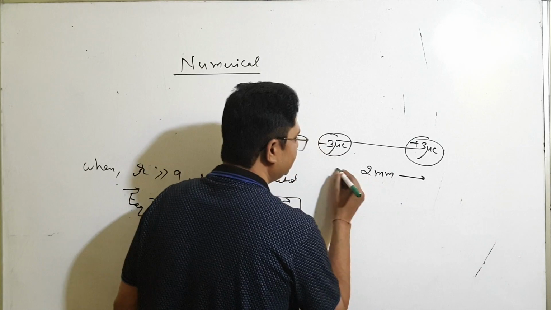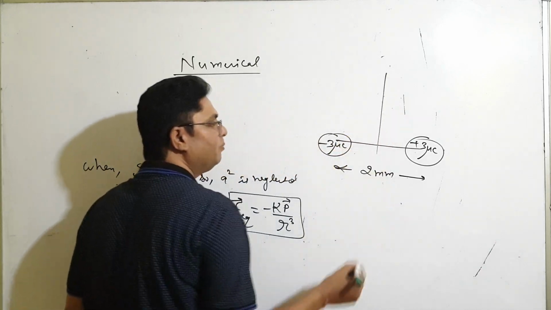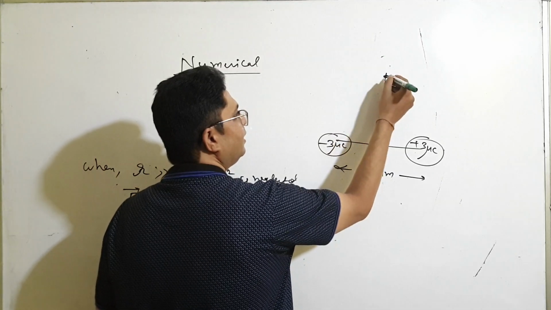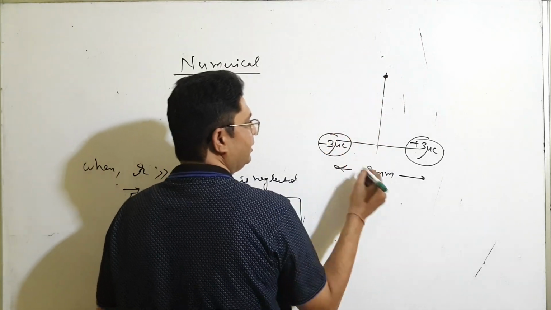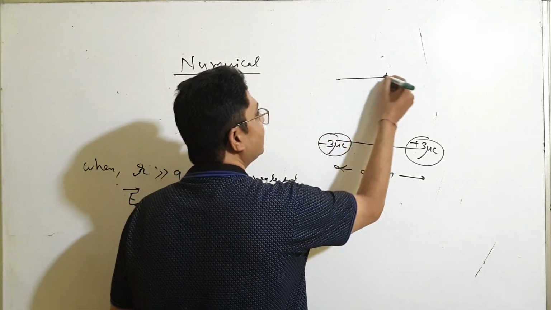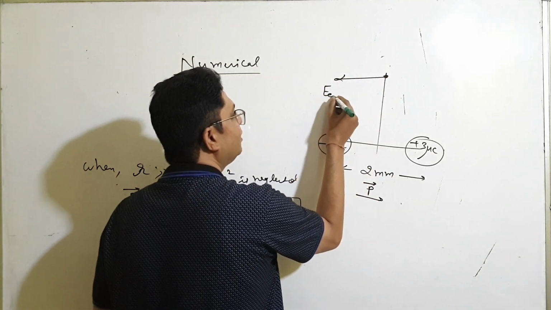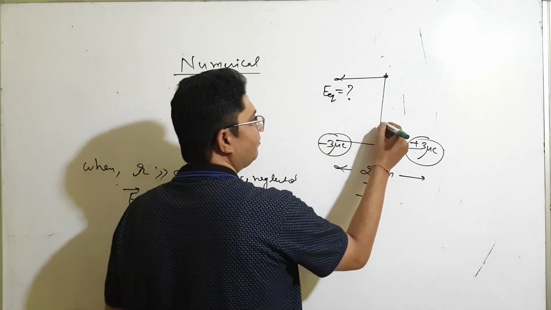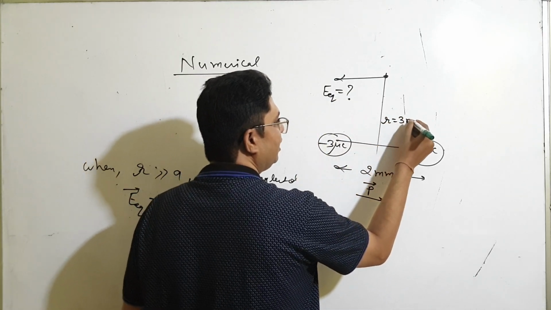This means that the distance is 2 mm. Let this be the midpoint of the dipole. At this point we require E equatorial. This is P, dipole moment, from minus to plus side. This is the direction of E equatorial. Then what will be the value of E equatorial if this R is equal to 3 meter?